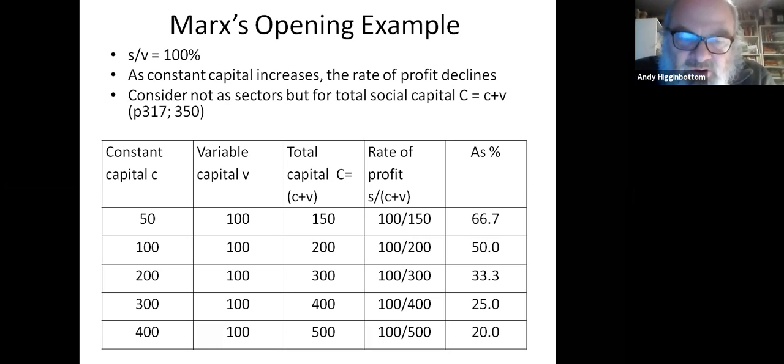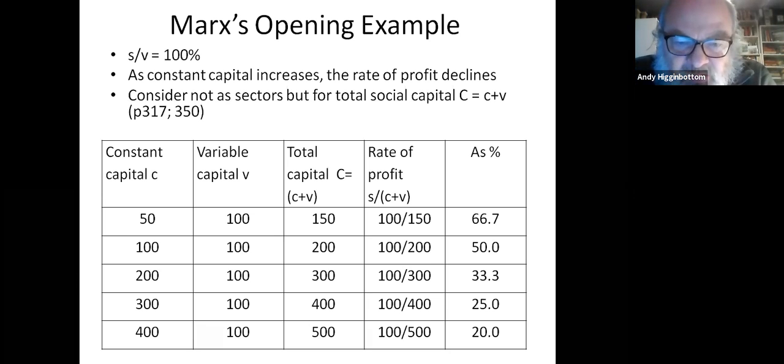But one could also do this in terms of a progression over time of a given totality, a given total social capital, which is the use to which Marx now puts this idea of an increasing constant capital. So for each row representing a different point in time, the number of workers does not increase, their degree of exploitation does not increase, but what does increase is the amount of constant capital they're working with.